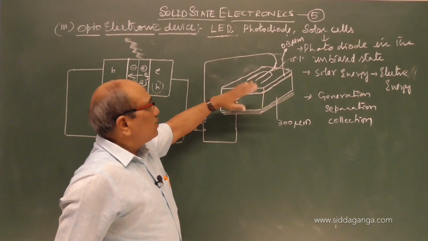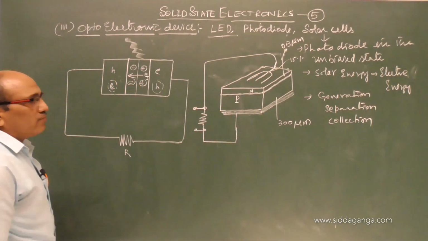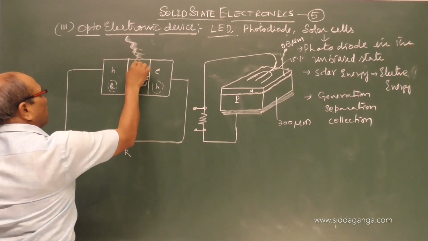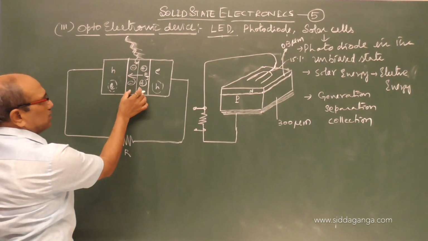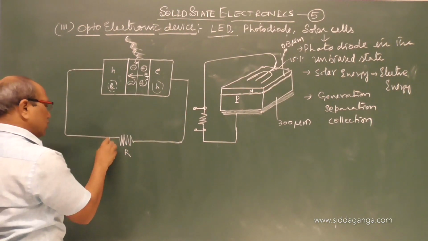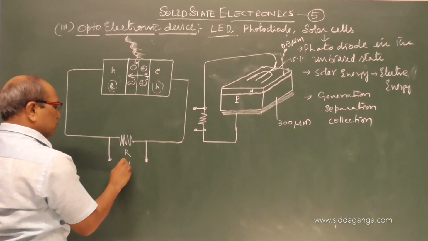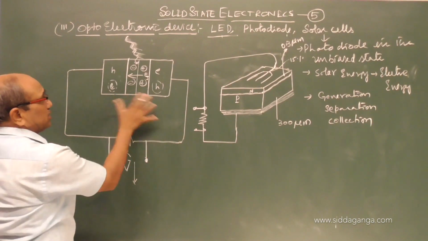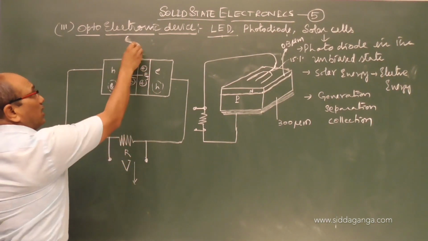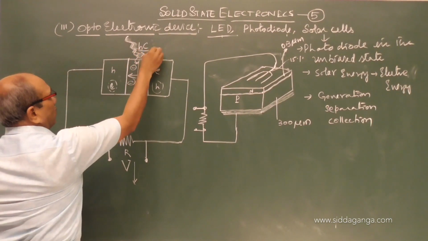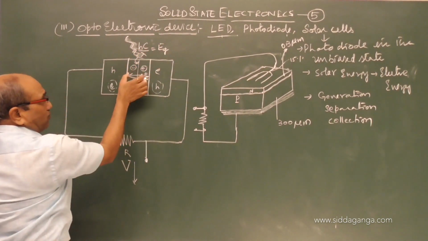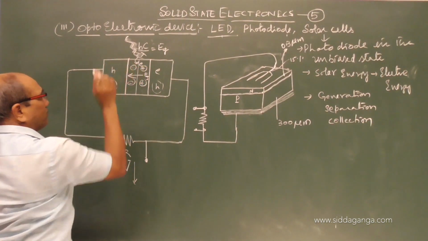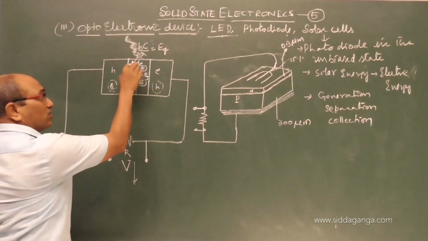Now how the solar radiation generates power, let me come to that. Again, the energy band gap: when solar energy falls, at present there is no voltage, nothing. When radiation falls, if the radiant energy hc by lambda is equal to the energy gap of this semiconductor, then it will create an electron hole pair in the junction.